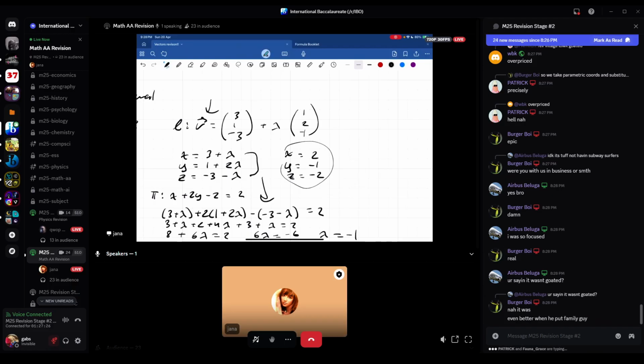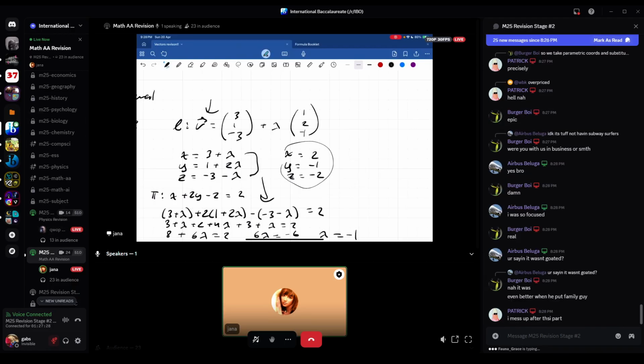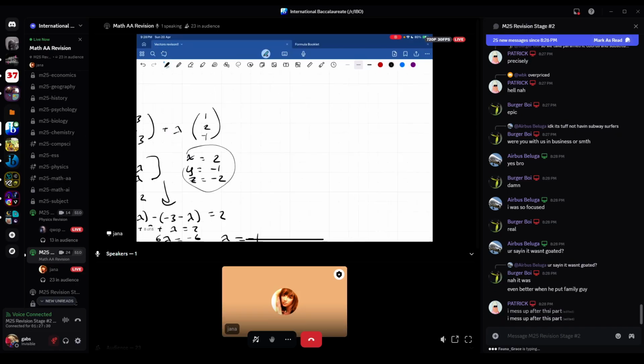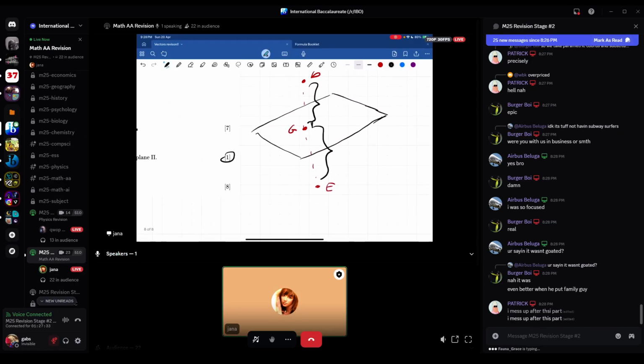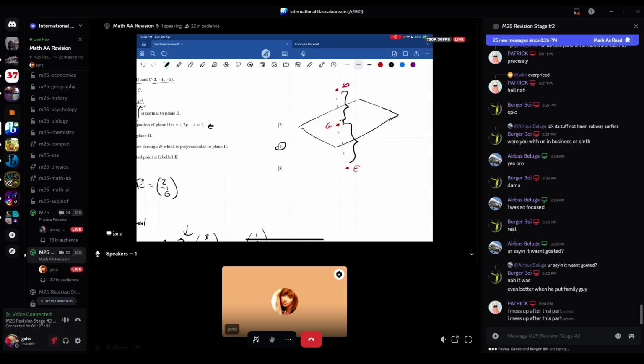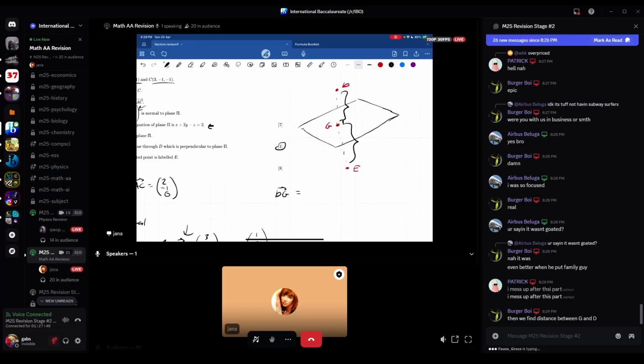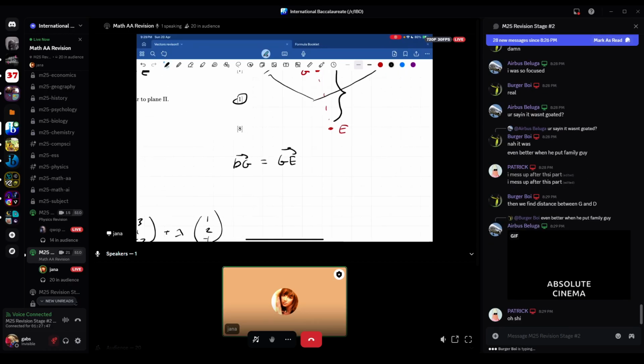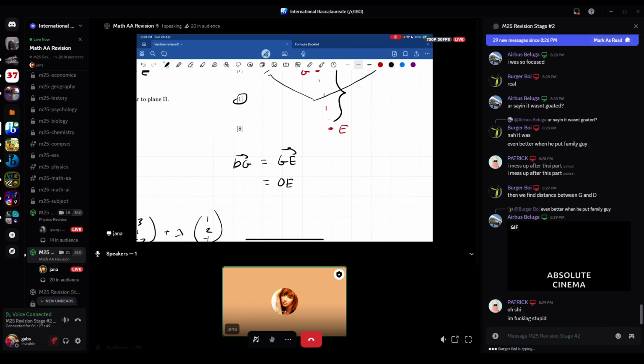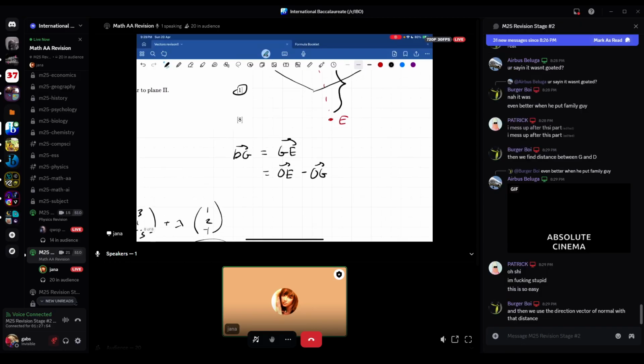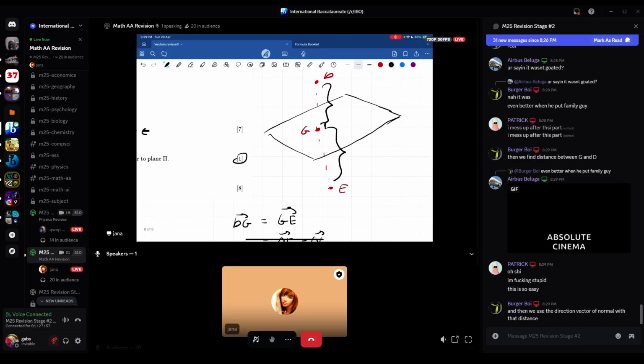Now we can use this to find point E, the reflected point in the plane, because we know that DG is equal to GE, and GE is the same as OE, which is the one we're looking for, minus OG, which is the one we just got. Right?